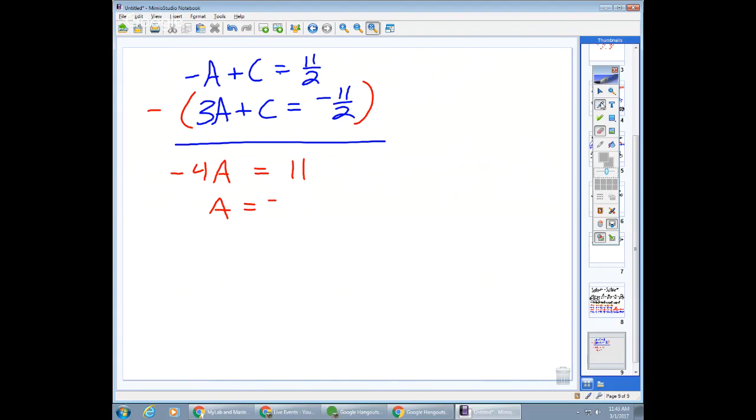Negative 11/4. Thank you for paying attention. And then c is going to be 11 halves plus a. So that's 11 halves minus 11/4, which is 22 minus 11, which is 11/4, right?